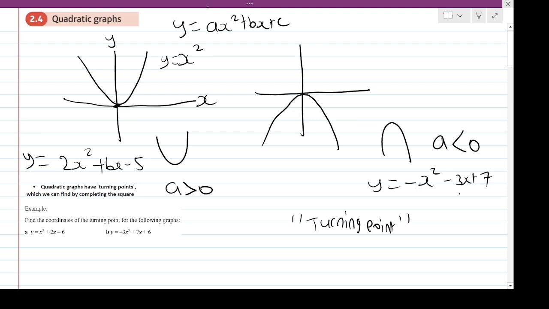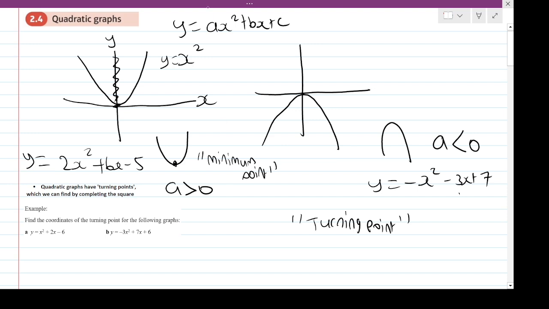Again, let's take our positive case here. Well, this is actually specifically a minimum point in this case. If you think about the graph here again, that is the minimum y value, right? That's the smallest y value you get from the curve, from the function. So when you have a positive shape like this, the turning point is the minimum point.